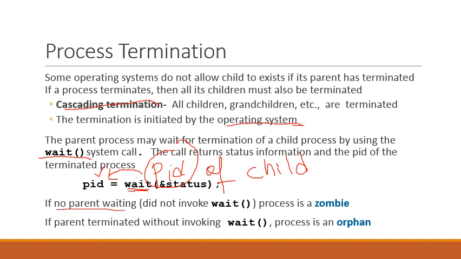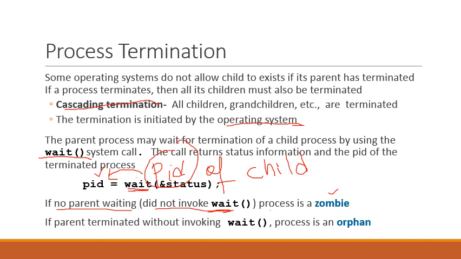If no parent is waiting, that is, a parent doesn't invoke the wait system call, the process is called a zombie process. So a zombie process is a process that has terminated but whose exit status has not yet been received by its parent process.